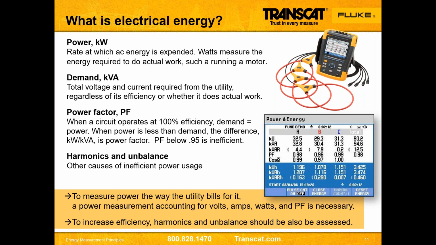And the easiest way to calculate it is by taking the kilowatts you use over the kVA of the transformer that you have available: kilowatts divided by kVA gives you power factor. 0.9 or 0.95 is considered efficient. Below, let's say 0.9, even though we show 0.95, is considered inefficient. And I can find more efficient devices to replace inefficient devices and have them pay for themselves based on energy savings, just like lighting. And then last is harmonics and unbalance.